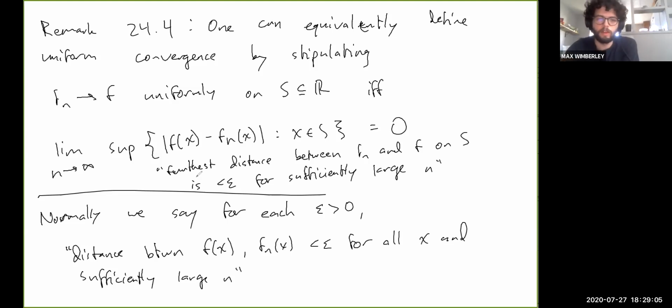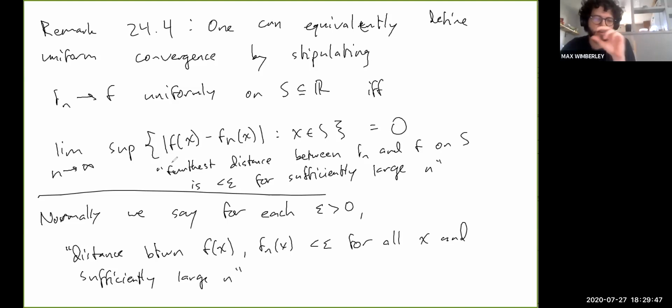To infer the normal definition from the weirder definition, you assume that the furthest distance is small. When I say furthest distance, I'm not being very careful, because since this is a supremum, it's possible that it's just the least upper bound on these distances, but there's not actually a point in S where the distance equals the supremum. But it's okay, because you can get really close, so I'm just going to call it the furthest distance, even though it's not really the furthest distance.